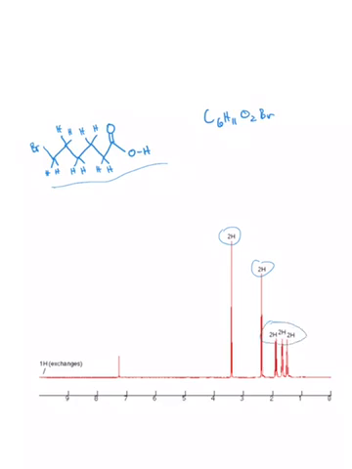Now, proton NMR can help us because it shows the integration numbers, which are shown right above each of these peaks, and also shows the splitting of these. However, in this specific example, we can't really tell exactly what the splitting is because it's hard to tell.